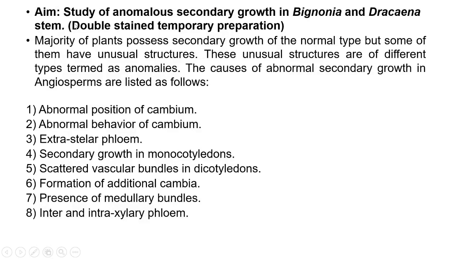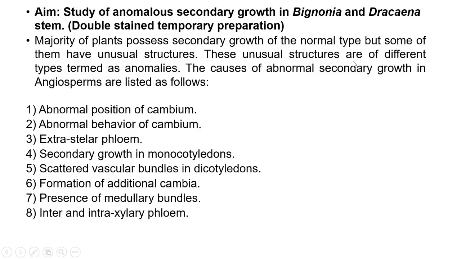Now the next practical is the study of anomalous secondary growth in Bignonia and Dracaena. Again, we have to make a double stain preparation. Majority of plants possess secondary growth of the normal type, but some of them have unusual structures.